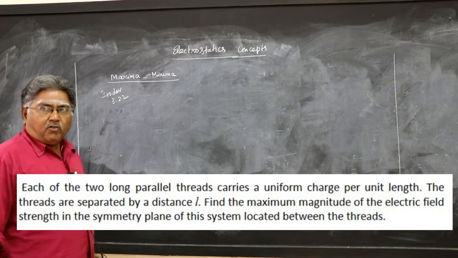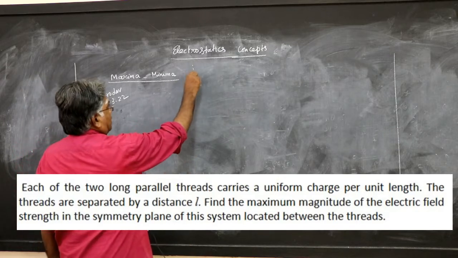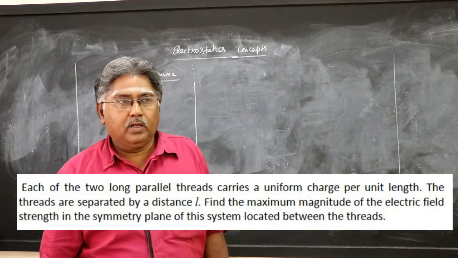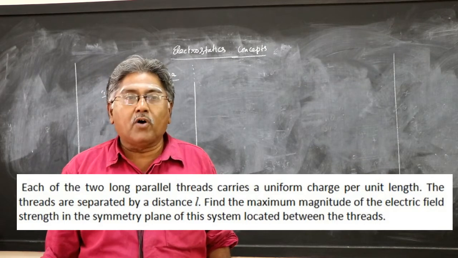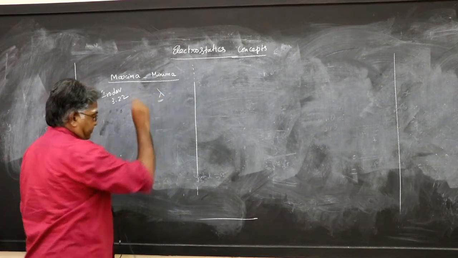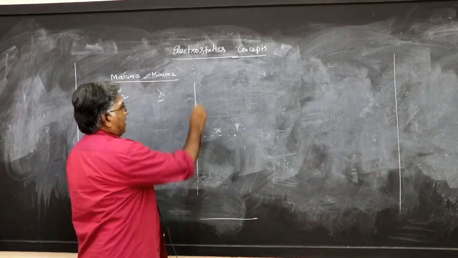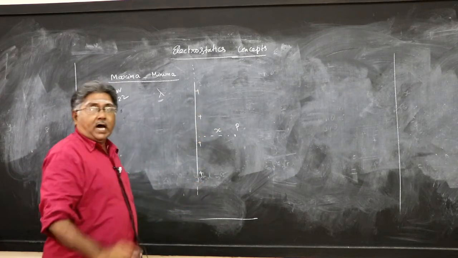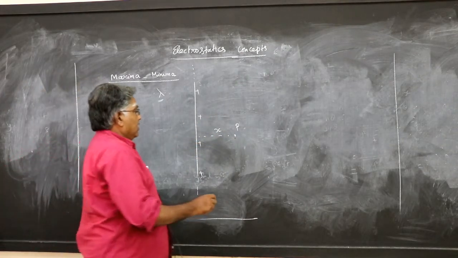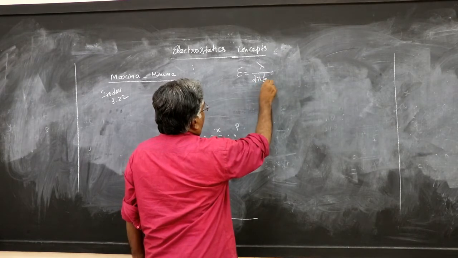See, if you have a thin, infinitely long, uniform line of charge having linear density lambda, then at any point P at a distance x from the line of charge, the electric field E is lambda by 2 pi epsilon naught x.